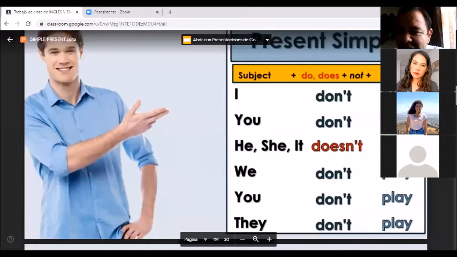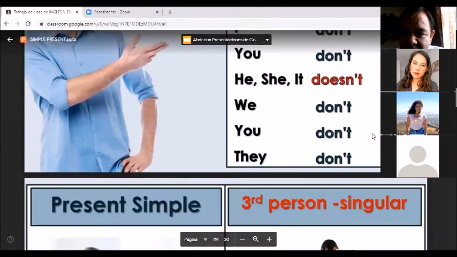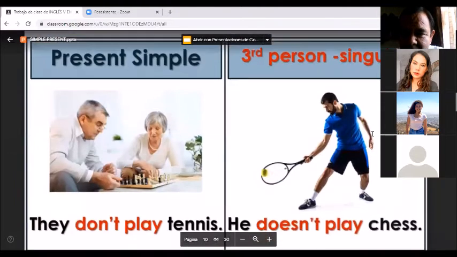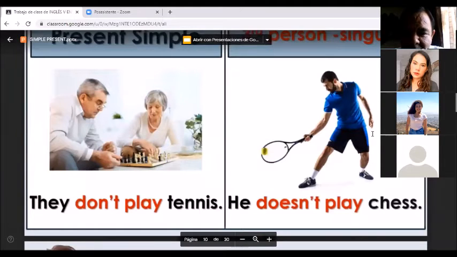Check that the form of the main verb is going to be simple or base. We don't have to add s to the verb because we have it in the auxiliary verb. Examples: they don't play tennis. He doesn't play chess. As you can see, the verb play doesn't change.